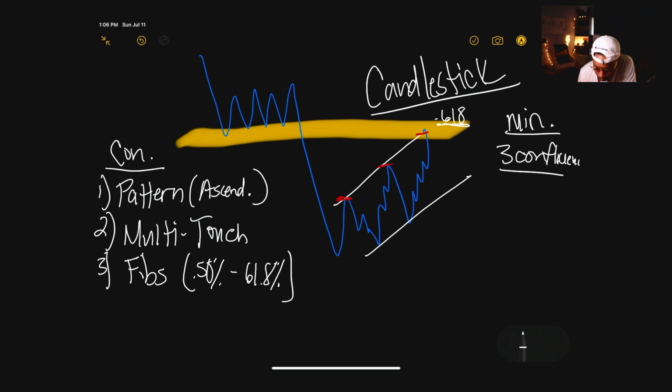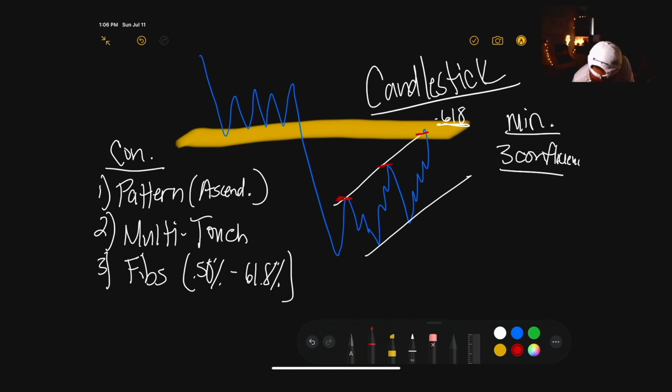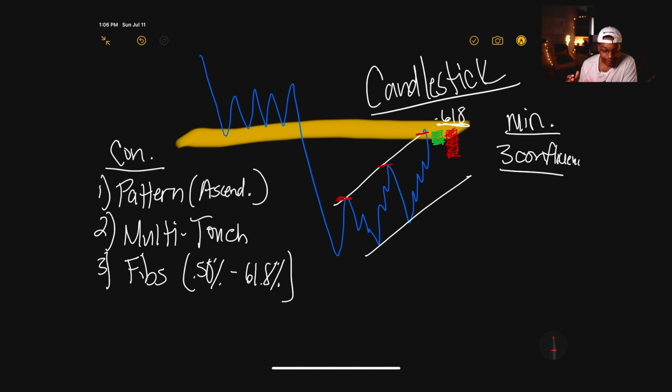But for me, when it comes to trading, I like to use, like I said, candlesticks as an extra confluence. So what I like to do is, boom, we have our green candlestick here. And then we have our red candlestick here. What does that mean? That means we now have confirmation and momentum that this is dropping to the downside.